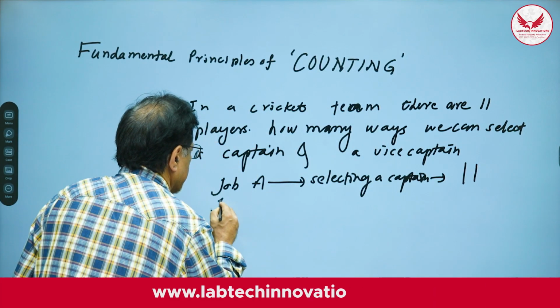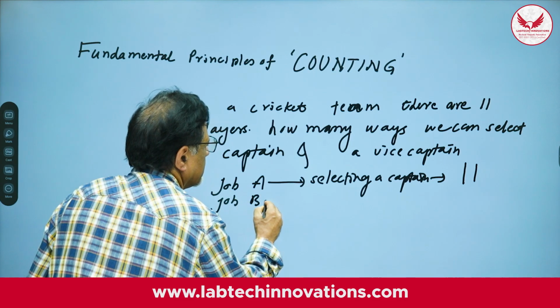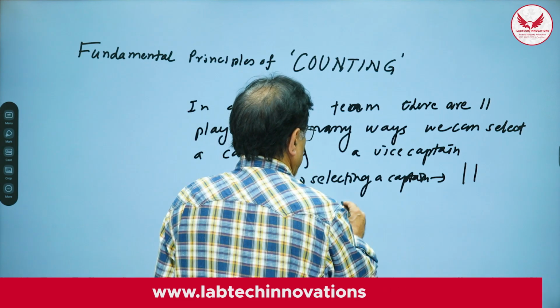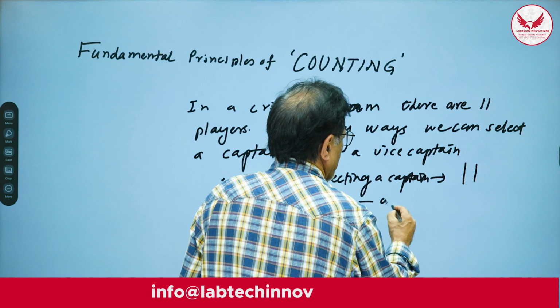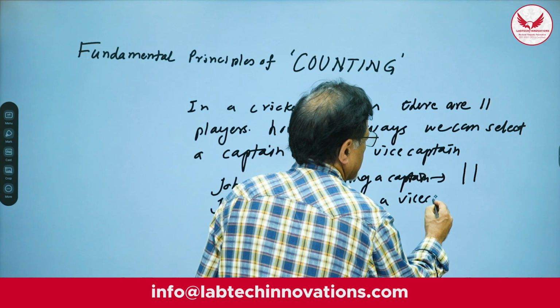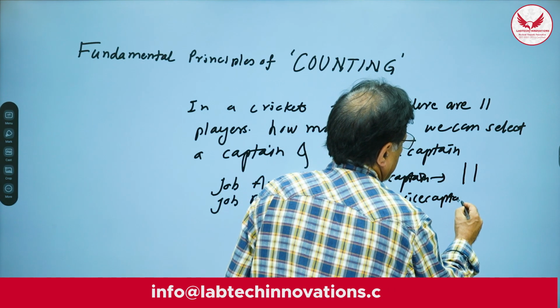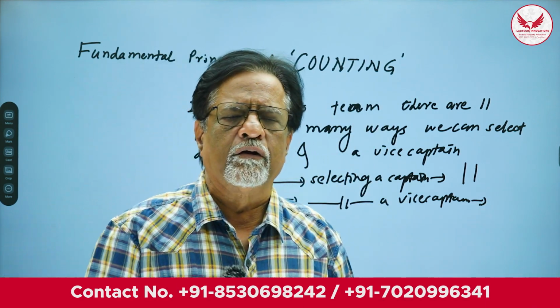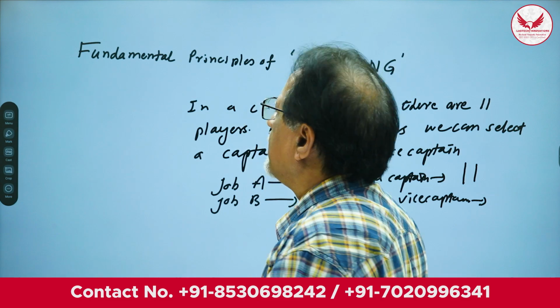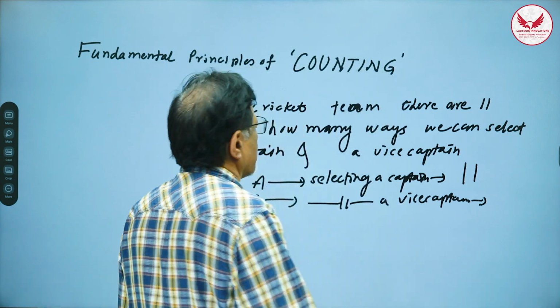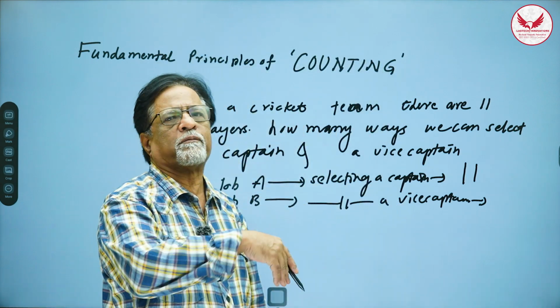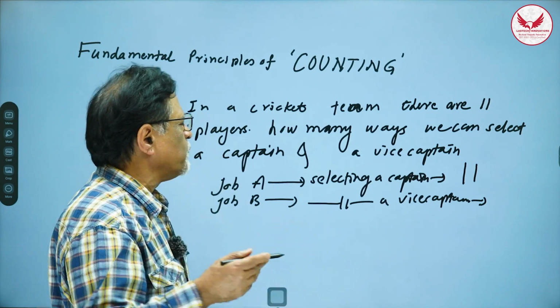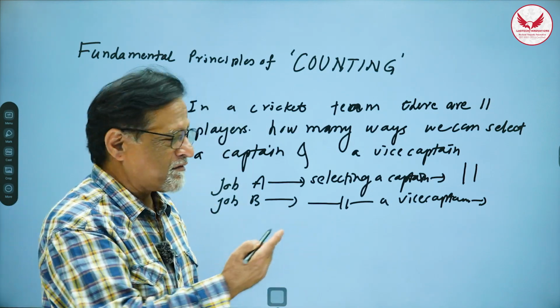Now there is job B. Job B is selecting a vice captain. How many alternatives do you have for selecting a vice captain? Obviously, the one person who has been selected as captain is not eligible for becoming vice captain. You cannot have the same person as captain and vice captain. These two roles are mutually exclusive. That is important.